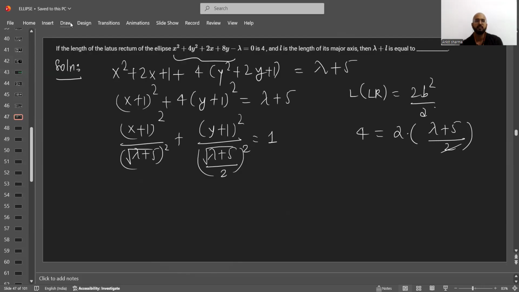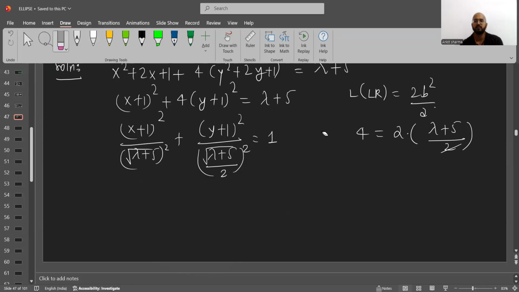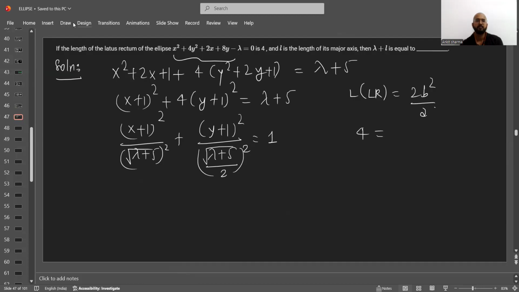So the length of latus rectum is 4, it's equal to 2 times b square, b square is this entire part, which is lambda plus 5 over 4, and then a is again root of lambda plus 5. So I can get this cancelled and write down here 8 is equal to square root of lambda plus 5. I'll keep it here.